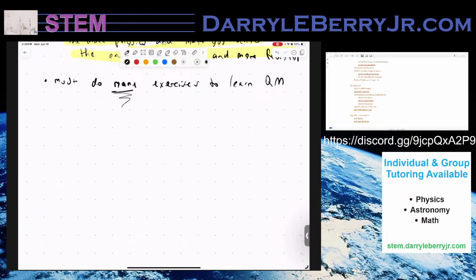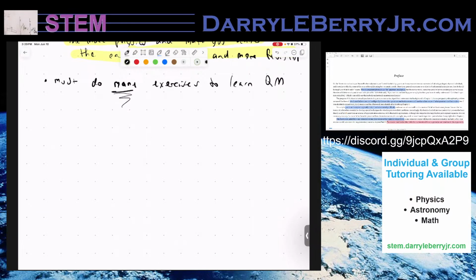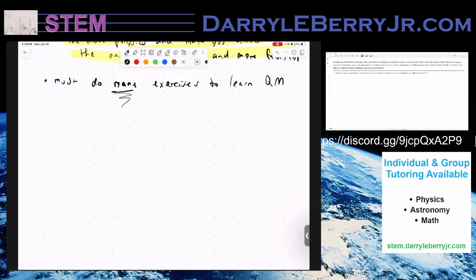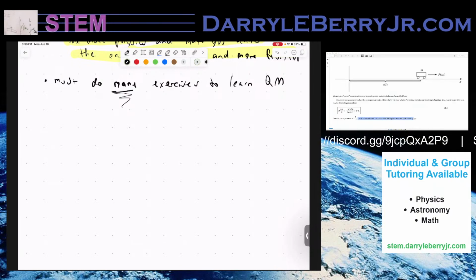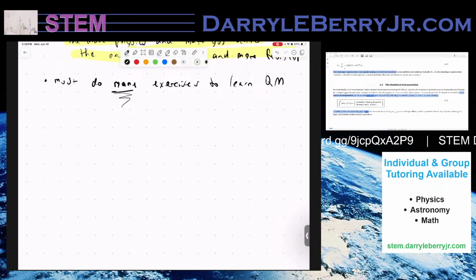So pretty sure I would have missed that. H bar is the Planck constant divided by 2 pi, which is this. I had that written there.